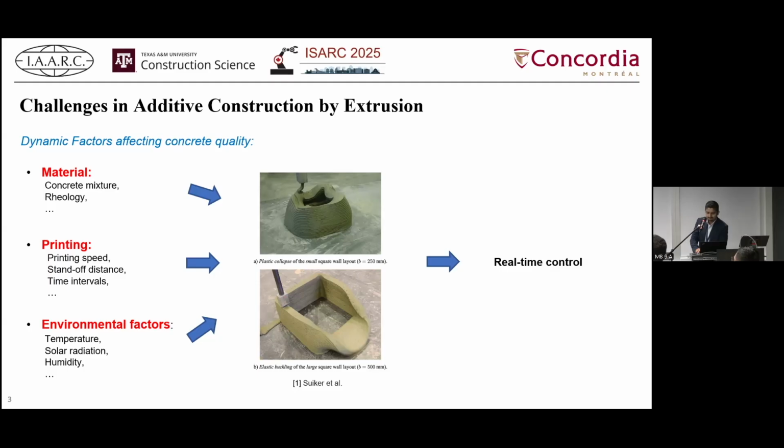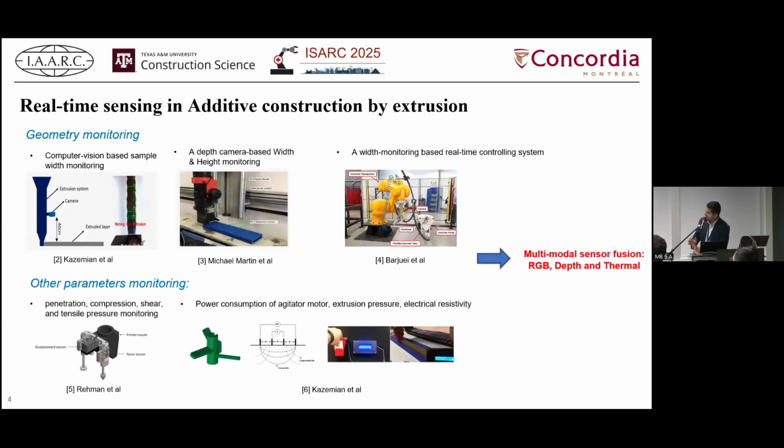So the motivation: if we look at the literature, most of the past papers have focused on monitoring the dimension during the print, so it's been mostly geometric tracking. There are some papers that have also looked at tracking robot parameters, like the print speed.